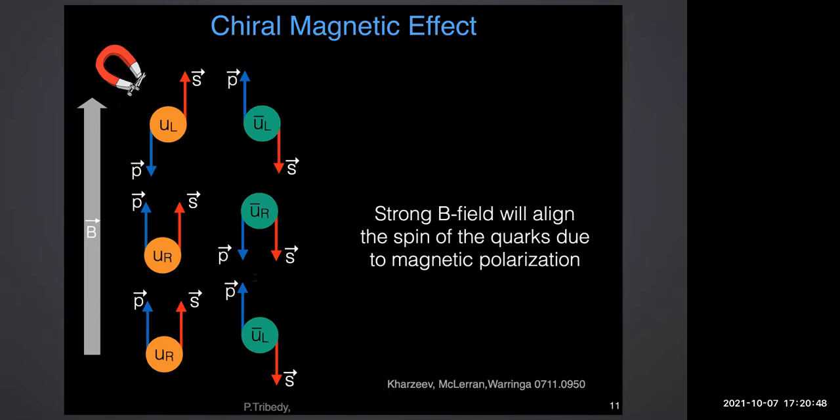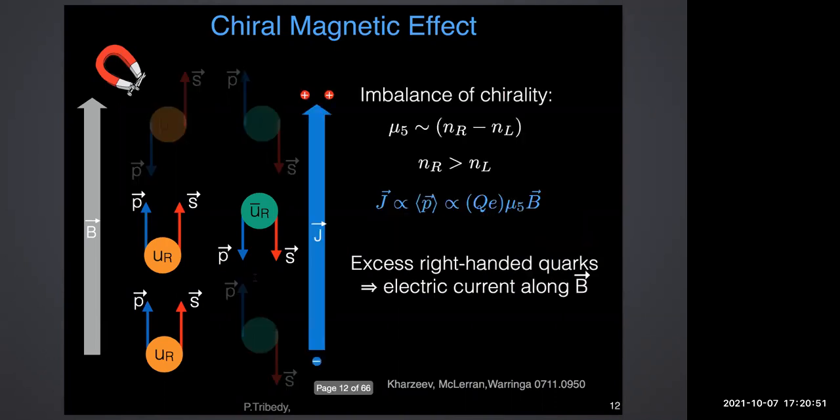But nothing funny has happened yet. The funny thing starts to happen when you create an imbalance between left-handed and right-handed quarks. I want to demonstrate it by removing the left-handed here. If you only have right-handed, you will generate a net current along the magnetic field.